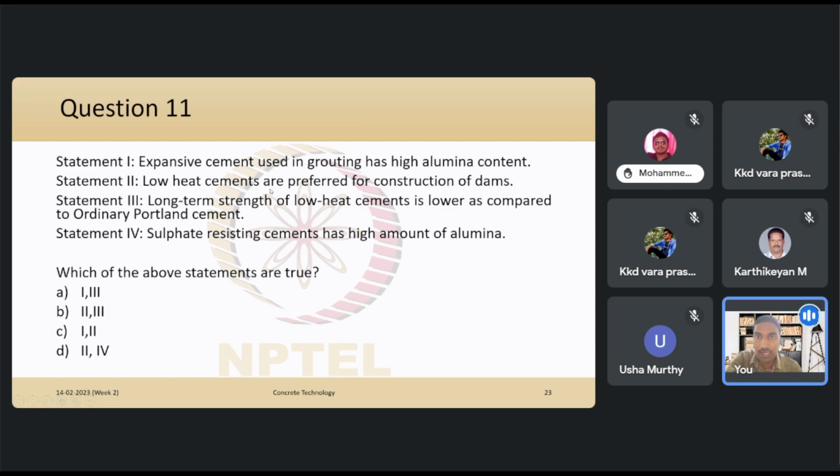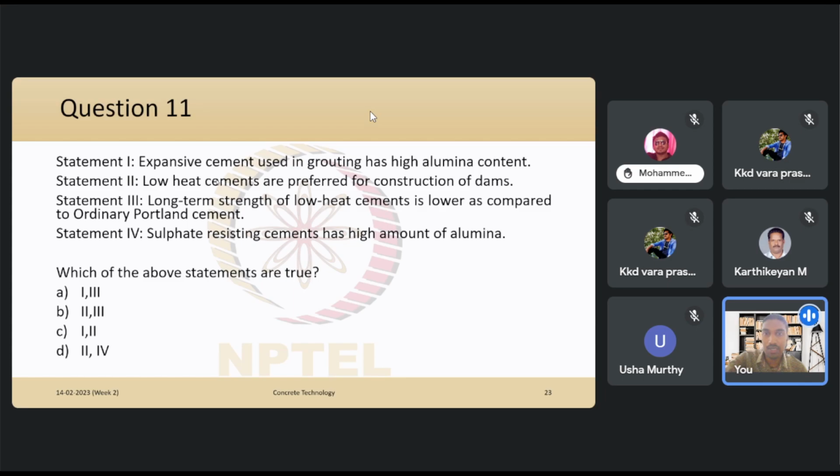Statement 2 is about low heat cement. Low heat cements are preferred for construction of dams, right? So that is also true. Not just in dams, any mass construction where we have higher volume per unit surface area exposed to the atmosphere. In those cases, we prefer low heat cement, because a lot of heat comes from the hydration, and if it is not dissipated to the atmosphere, for example in dams, we have lesser surface exposed in comparison to the volume that is not exposed.